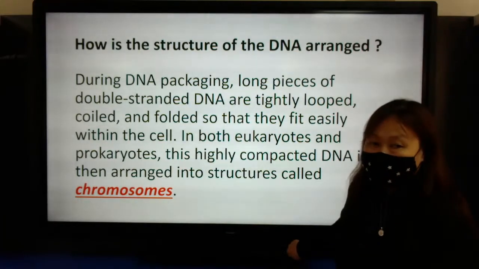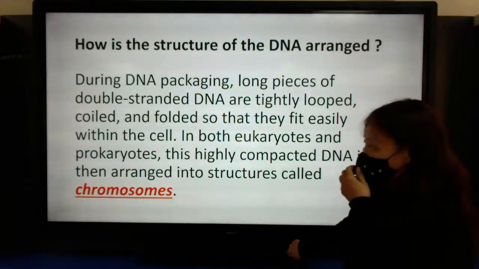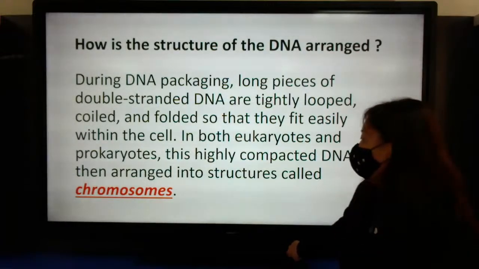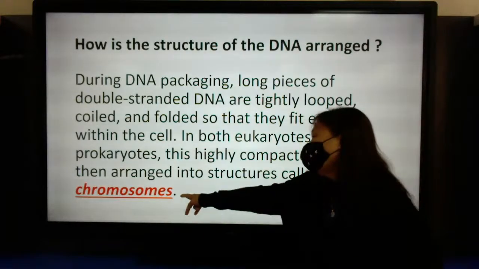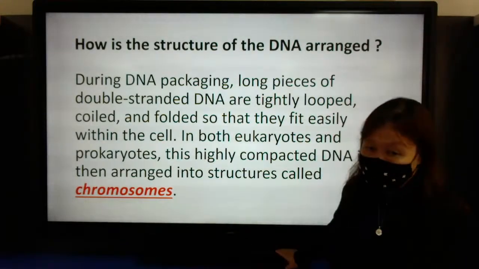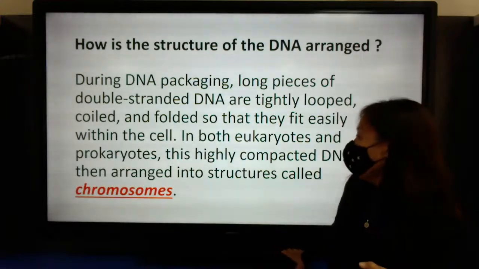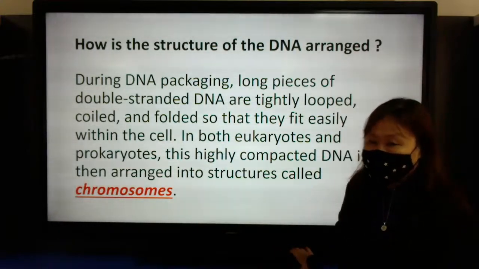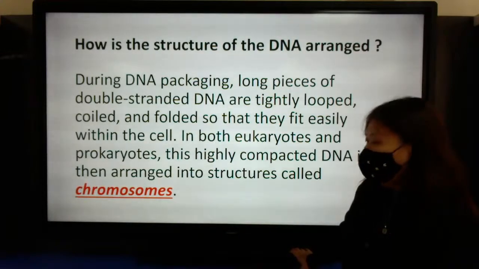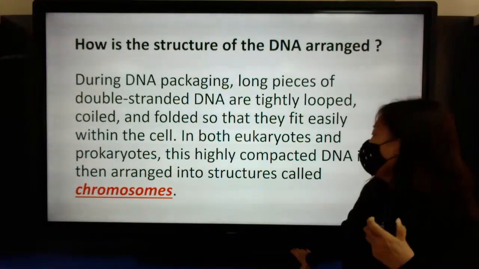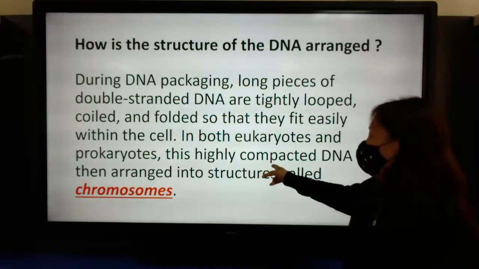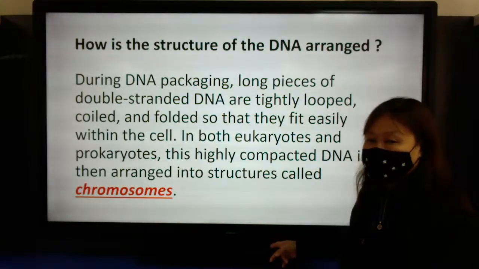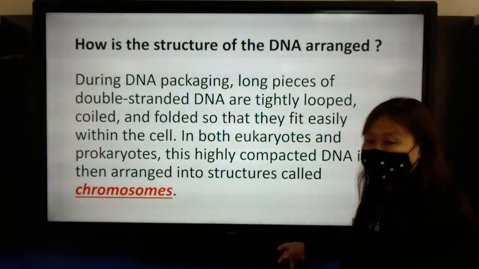So, it won't fit easily inside the nucleus of the cell. So, how do we find it in the nucleus of the cell? We find it arranged as chromosomes. So, chromosomes are made up of tightly packed DNA molecules. Okay? So, it is compressed, it is compacted, so it can fit inside the nucleus of the cell.